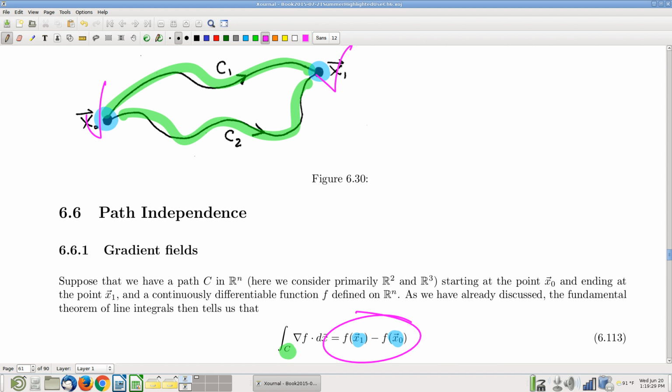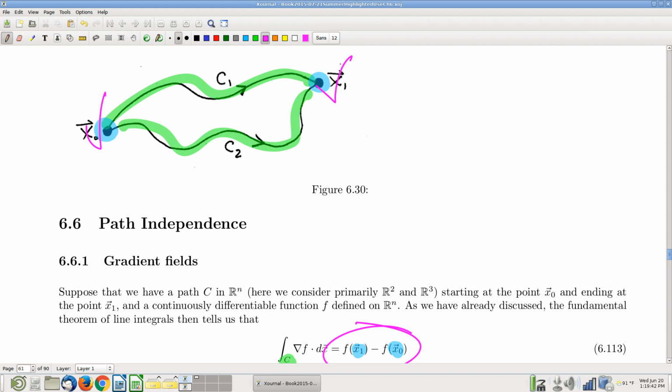It doesn't depend on the curve. It doesn't depend on the path that you take between the two endpoints. It only depends on the endpoints. Isn't that weird? It's almost not believable. I mean, the picture that I had in my mind when I first saw this was, well, wait a second, how could this be possible? What if the vector field were to look like this? What if the vector field were really short up there?